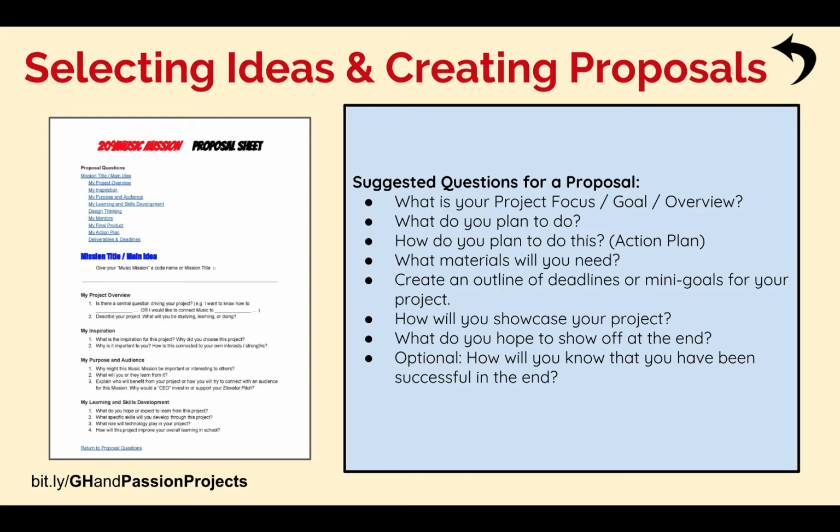What do you actually plan to do? How do you plan to do it? What materials will you need? What are you going to show off at the end? And what are some of the steps or the deadlines that you might want to meet as you move through your project? Proposals can be very simple, or they can be more detailed depending on the age group that you're working with.